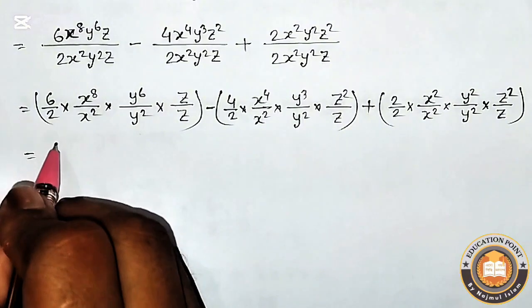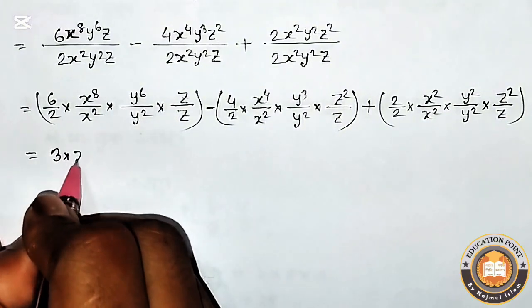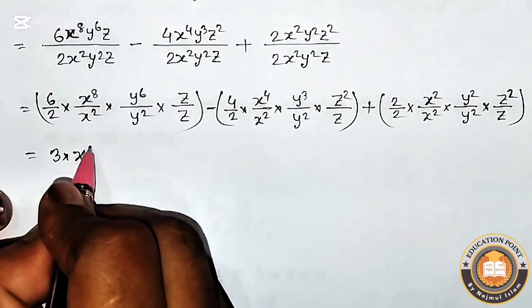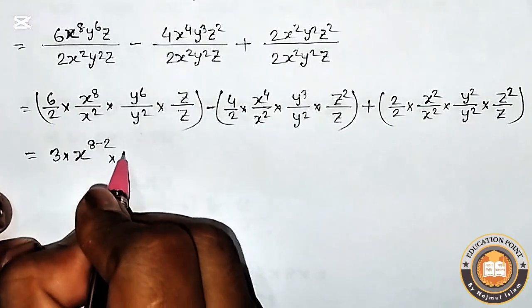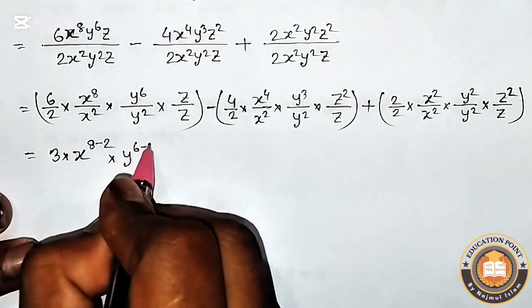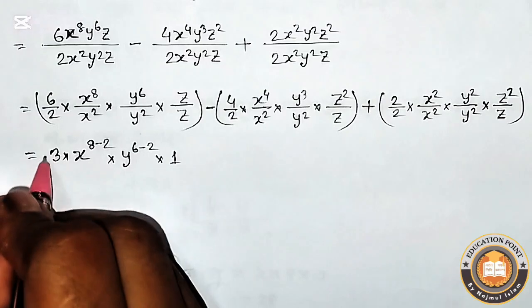6 divided by 2 equals 3, into similar base x, their power will be subtracted: 8 minus 2, into similar base y, their power will be subtracted, into z divided by z equals 1.